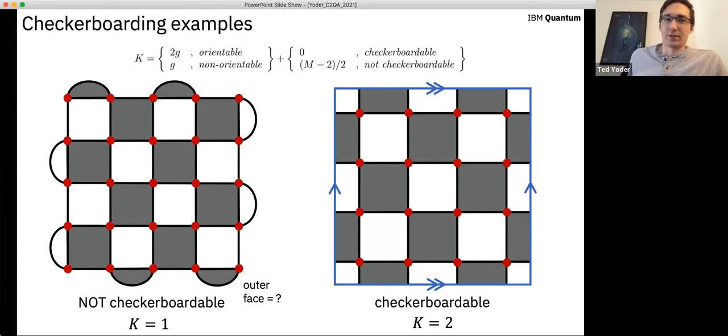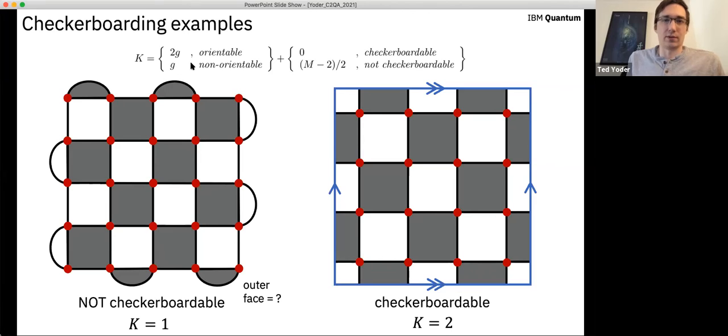So I've colored the faces black or white, but then because this is embedded on the sphere, there's also the outer face, which I don't know how to color because it's adjacent to both black and white faces. And no matter how you try to color this, you'll not get a checkerboardable color. So this graph ends up being not checkerboardable.